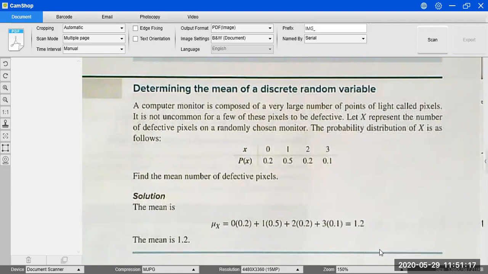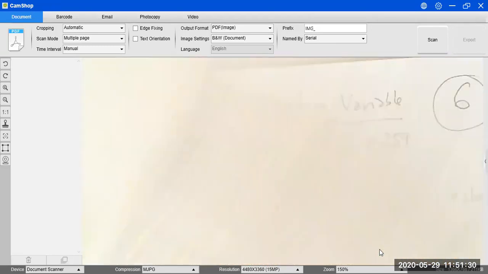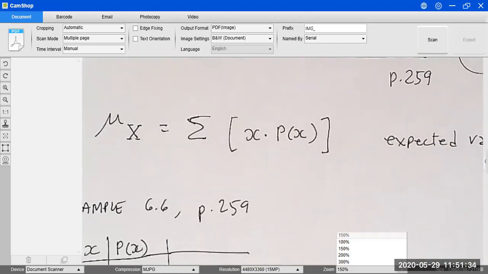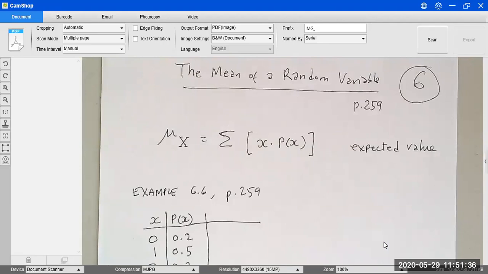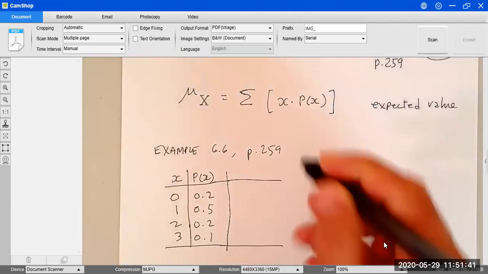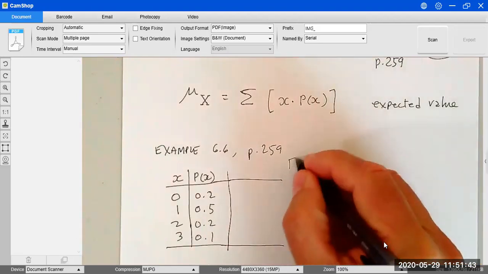We have values for lowercase x, and their corresponding probabilities. We're going to find the mean number of defective pixels. So we have here the table that we're going to use.